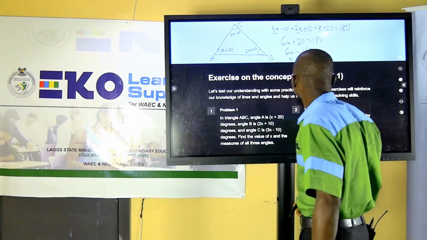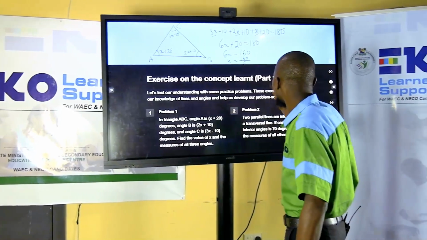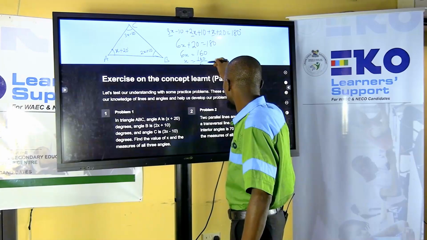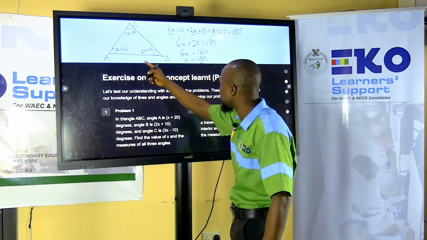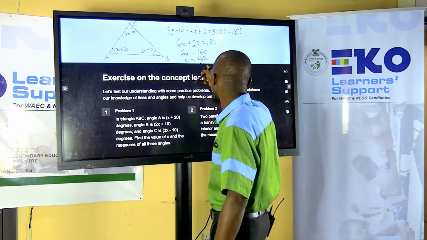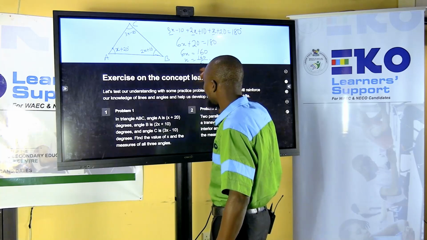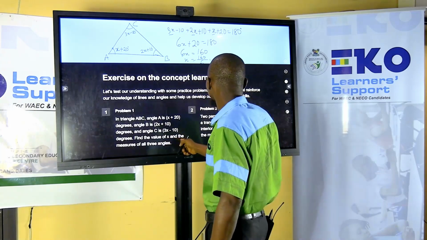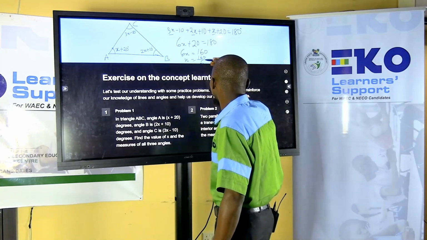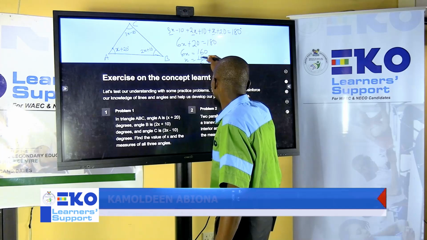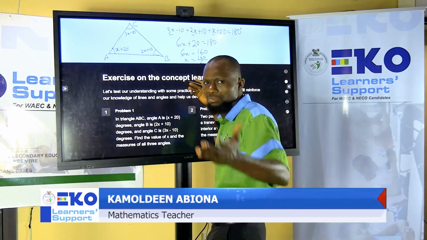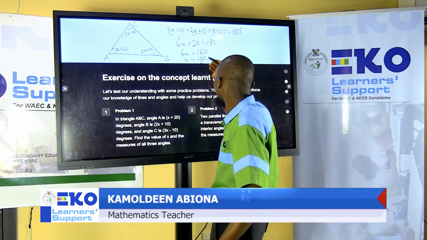We may just leave it like that, or you can simplify further. But for further solving, we still leave it like this. But if you need to find the exact value of x, just like they have asked here, you can just divide with your calculator, or you can use your math trick.